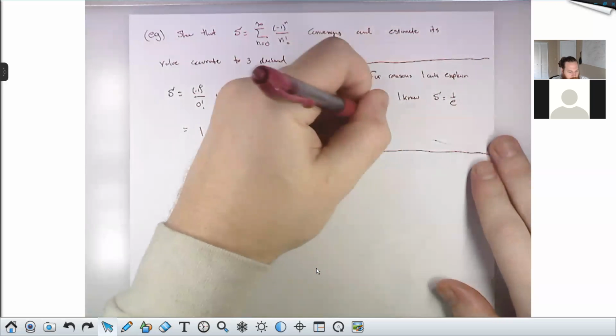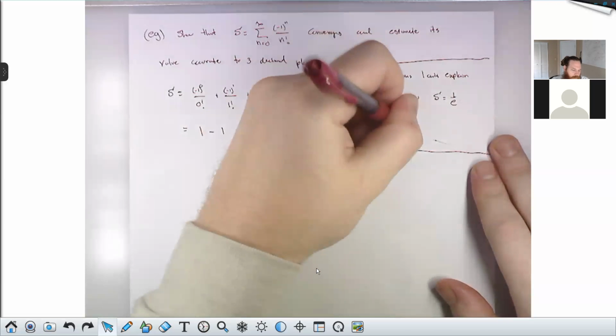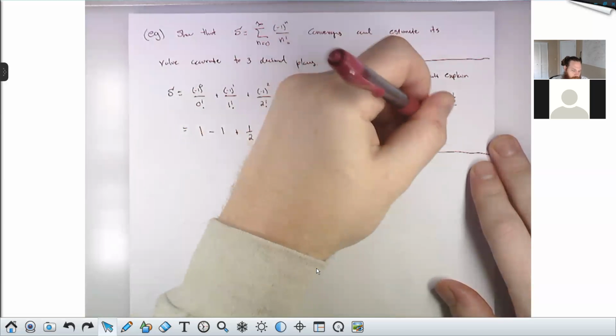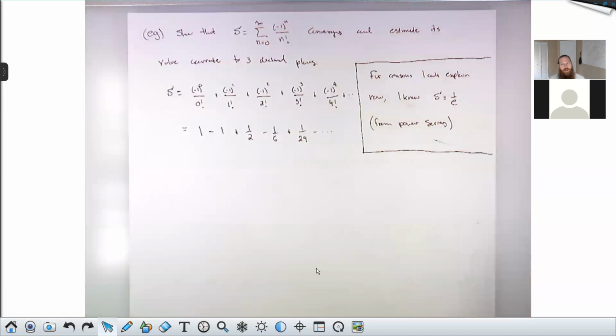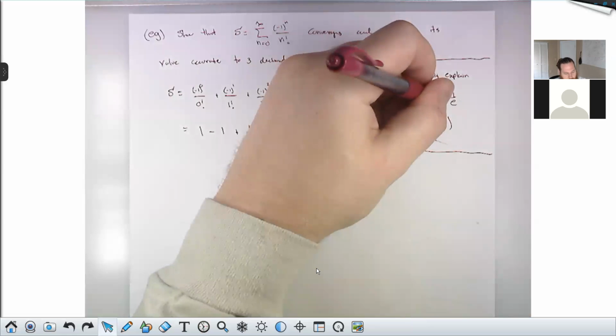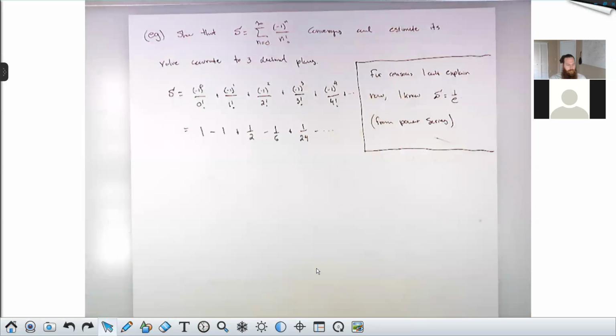It comes from power series, which is the first topic after exam 2. So exam 2 goes up to power series, but does not get into them all the way. And then exam 3 is everything from power series on. So after exam 2, I'll be able to show you why this is 1 over e, but for now, I just want to show that the series converges and then estimate its value. And I'll compare that value against what my calculator says 1 over e is. All right.